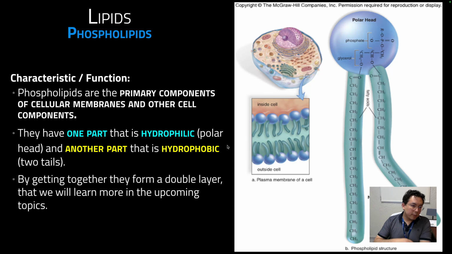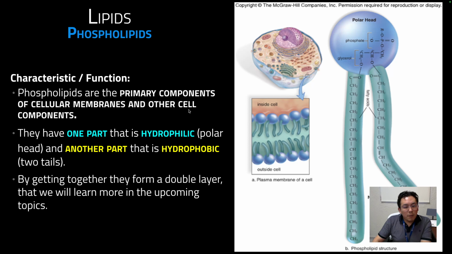Now, to explain the second category of lipids, this is the second category of 3 actually, which is phospholipids. We said before, the main characteristic of these phospholipids is that they're the primary components of the cell membranes and other things that are inside the membrane.